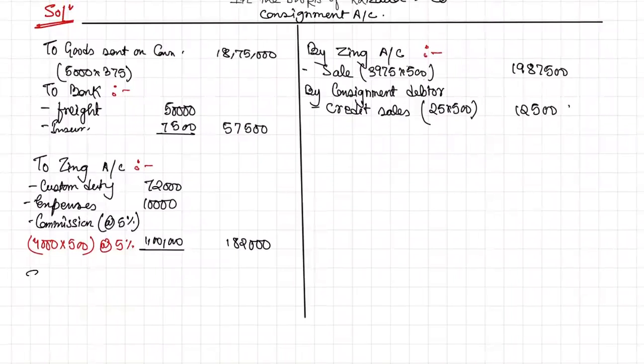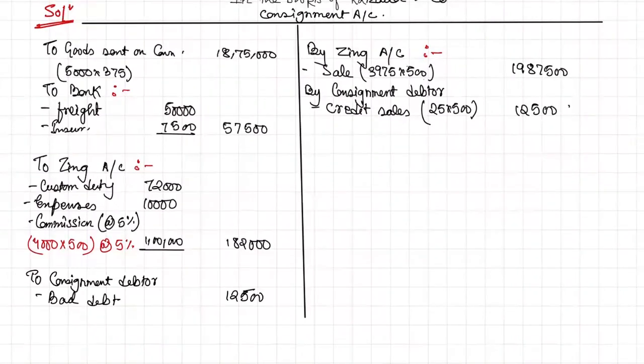Correct. It will be an expense. Expense in the name of consignment debtor, bad debt. This is the only difference. If del credere commission had been given here, this credit sales and bad debts entry would have been in accounts of consignee, not consignment. But because no del credere commission is there, everything has to be charged on consignment account.